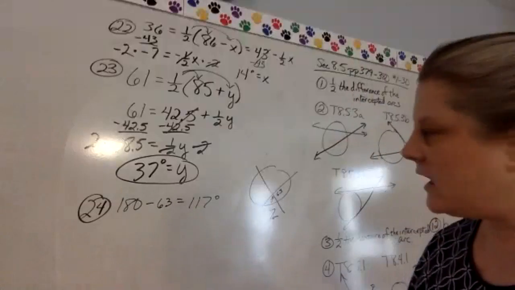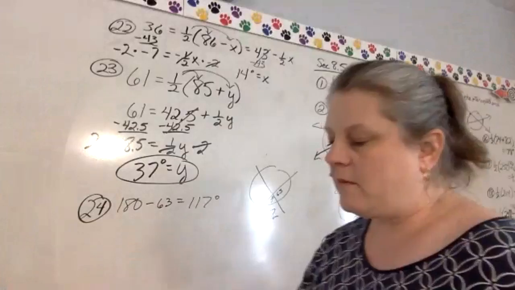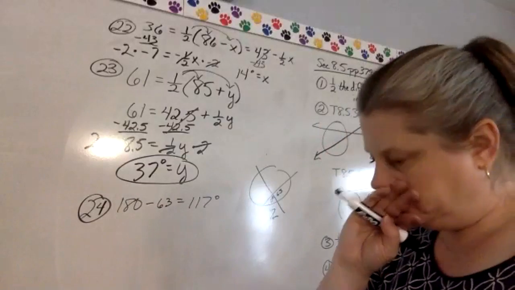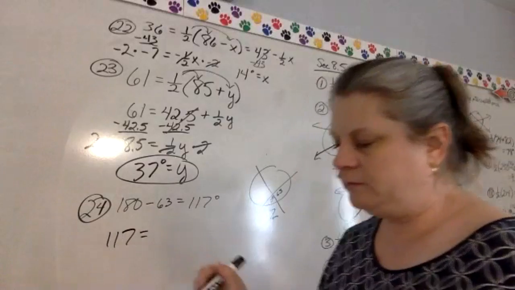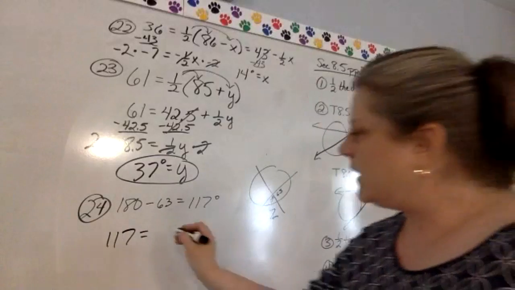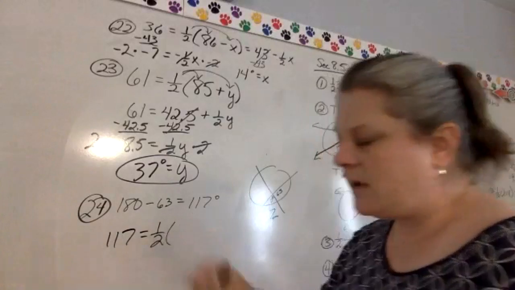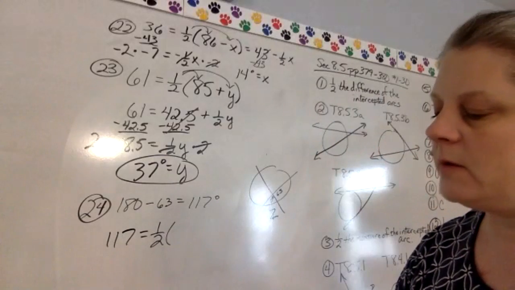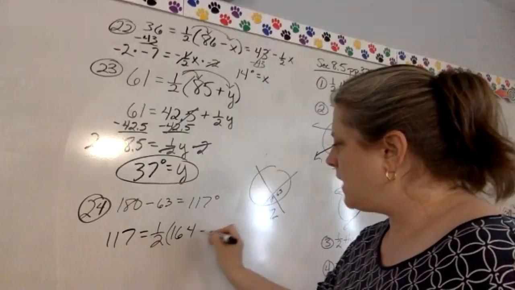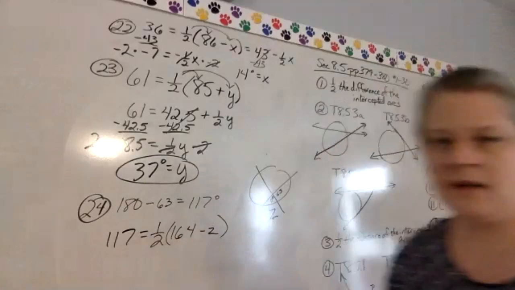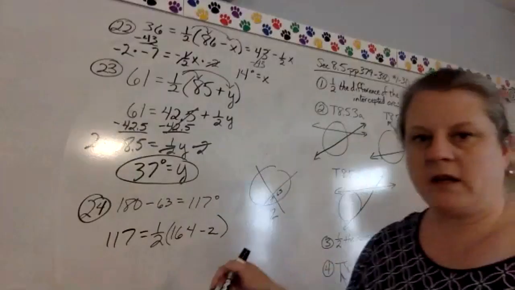So what I'm gonna do now is I can set it up. I have my angle was 117, and that's equal to 1/2 the big arc, which was what, 160 something? 164. Minus the z. And then we're ready to do like we did on the other ones.